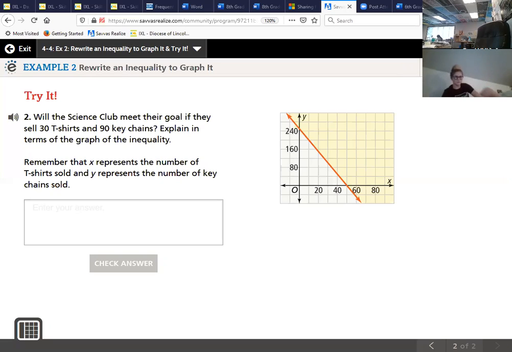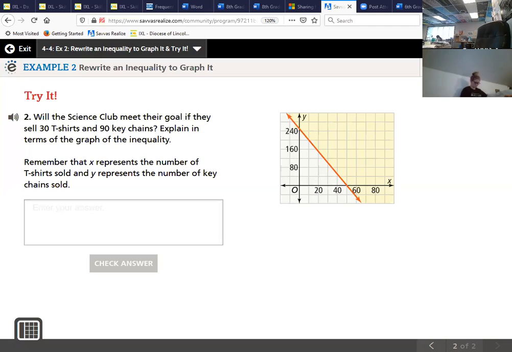Do the first 4 for sure. What we have left to do is to be given the graph and then write the inequality.